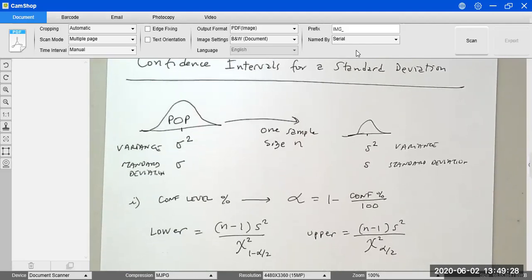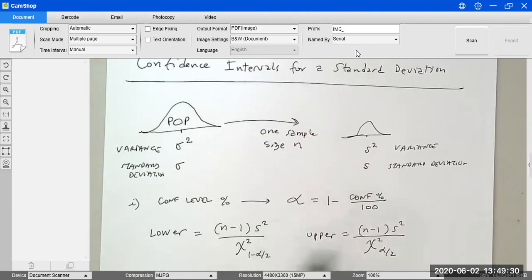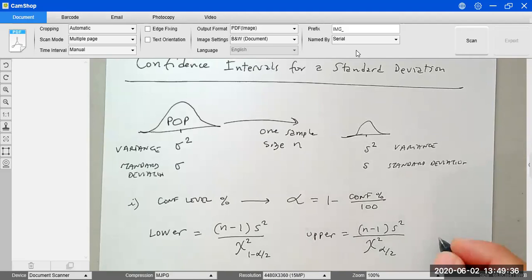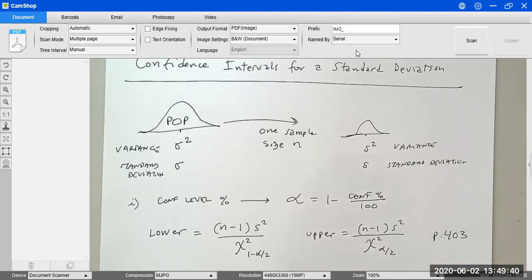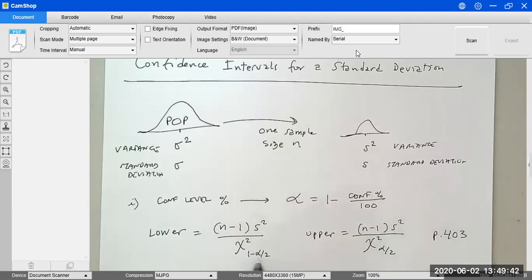And then we have the formulas. I'm just reversing the formulas that you have in your book on page 403. So you can check page 403. We have a lower limit and an upper limit. You can see here the symbol chi, and then the square.